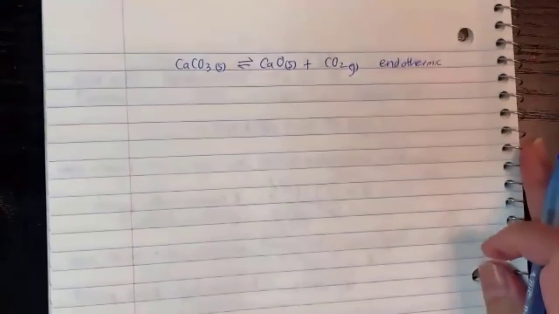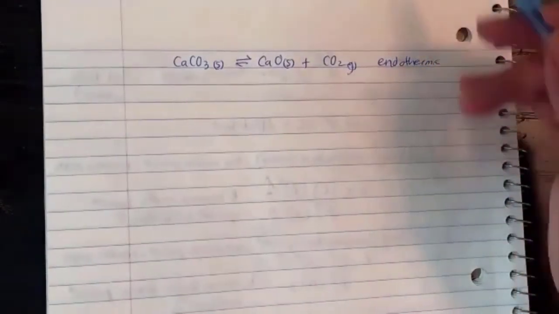So here's my reaction. CaCO3 solid goes to CaO solid plus CO2 gas. And they say this is endothermic. Now, what are the signs? Oh, you can't see. Never mind.